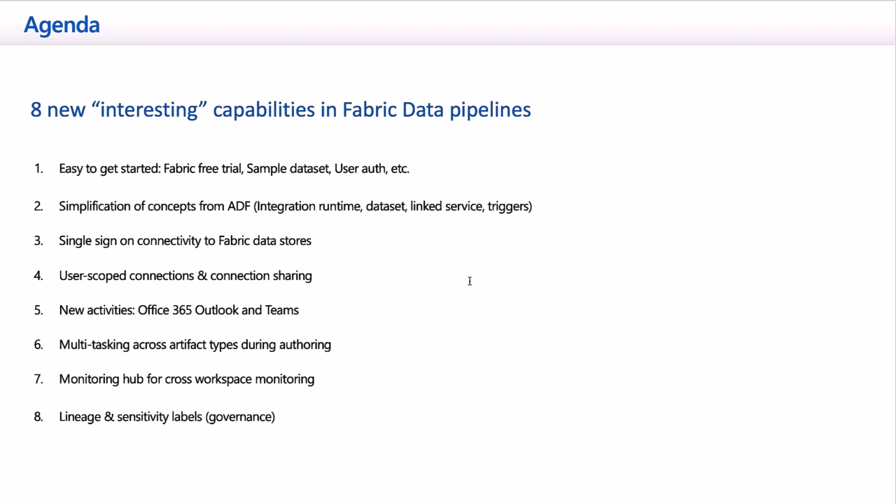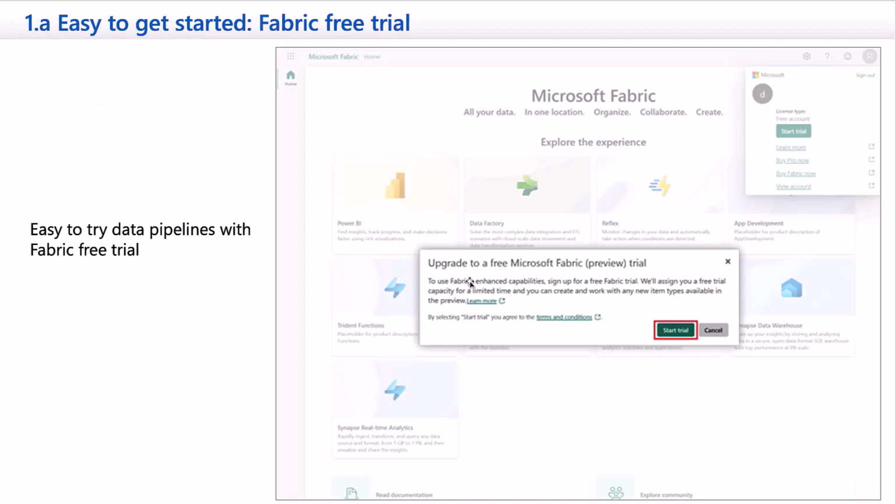It required you to have a credit card, and many times we heard from customers that was quite a pain point to get started with data pipelines, and many couldn't even get there, or it took quite a long time to get subscriptions from your IT teams so that you can get started with it. So that has been simplified. Then the sample data sets, we'll talk about that. So with this, let's move on.